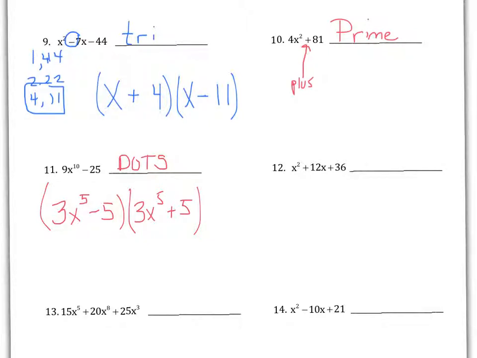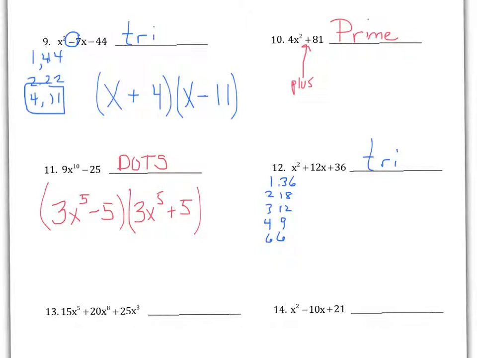Number 12 is a trinomial. So we got to list all the factors of 36. So 1 and 36, 2 and 18, 3 and 12, 4 and 9, 6 and 6.